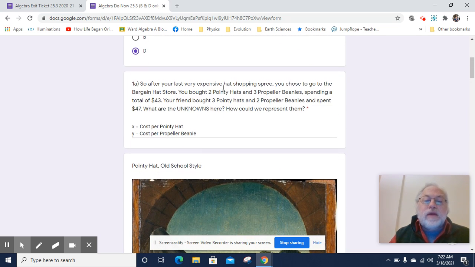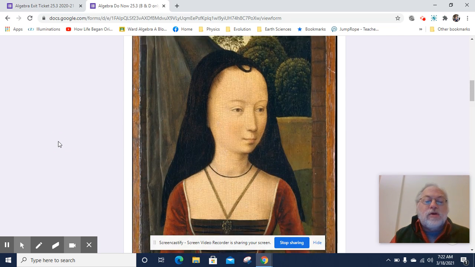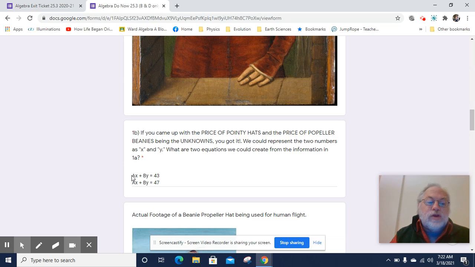And now it was you who got 2 and 3. Your friend got 3 and 2. So for you, 2 pointy hats and 3 propeller beanies, and your friend got 3 pointy hats and 2 propeller beanies. I'm going to label these equations you, your friend.